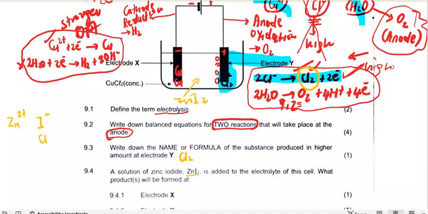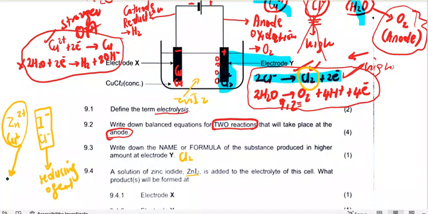So iodine goes with chlorine, and these two compete at the anode as a reducing agent. Then Zn competes with copper at the cathode as an oxidizing agent. So which one will react now?